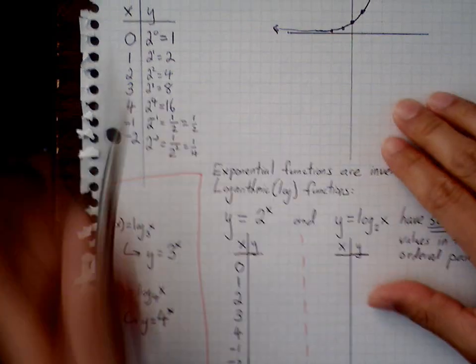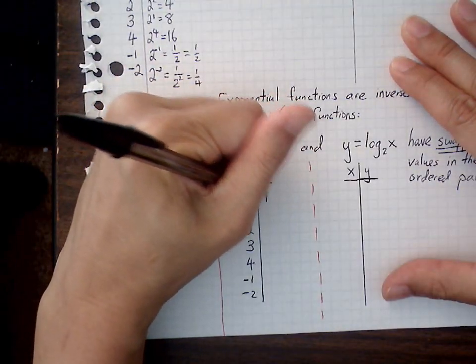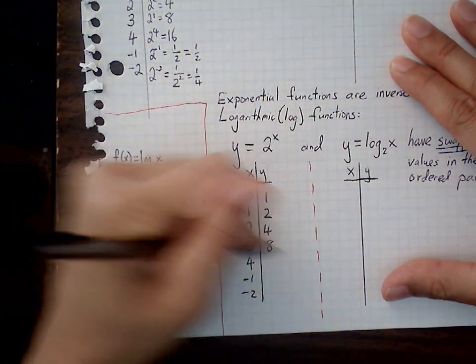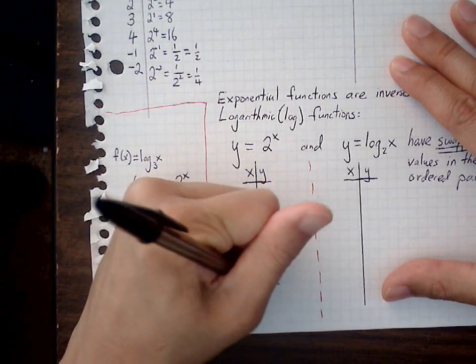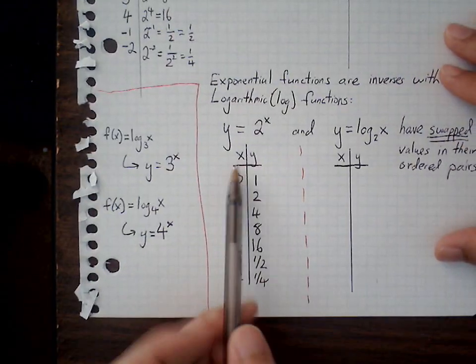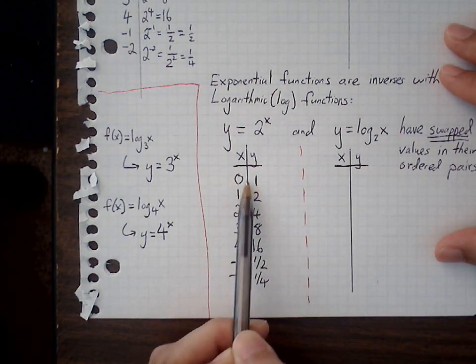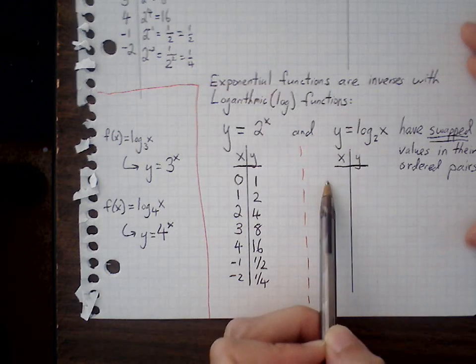So I'm going to carry down these values that we found. So 0, 1, 1, 2, 2, 4, 3, 8, 4, 16, -1, 1/2, -2, 1/4. And now we're just going to take these values and flip them. So instead of 0, 1, my log base 2 function must have an ordered pair of 1, 0.